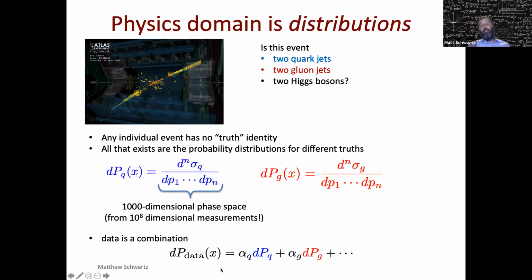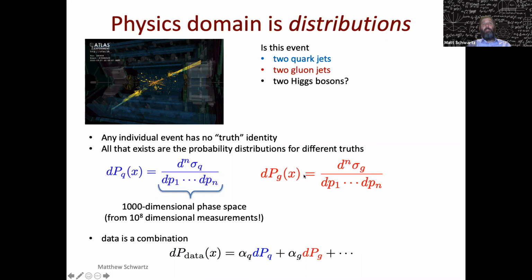The actual data is a linear combination of the two, and there's even interference between the two, although the interference is often very small. There's basically a 1,000-dimensional phase space, or if you include the actual experiments, it's as high as maybe 10 billion or 100 billion dimensional. And somewhere in this space, there's this overlapping region of the signal hypothesis and the background hypothesis that we want to distinguish.